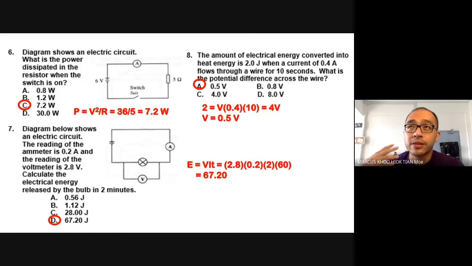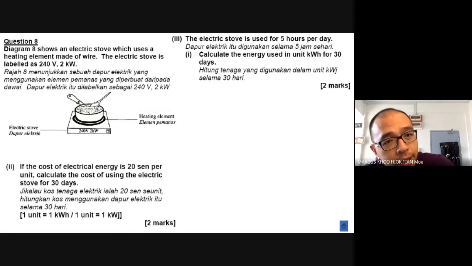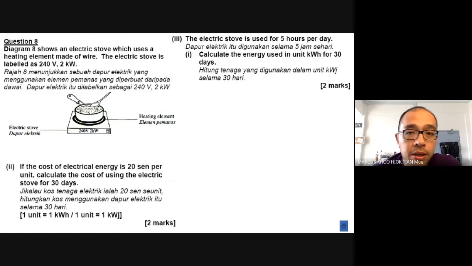I don't think something is wrong with my ear. Okay, let's go to question number 8. We're gonna start with who's after Isabella? Jacinta. Answer for 2, please. Why did they skip 1? Okay, fine. If the cost of electrical energy is 20 cents per unit, calculate the cost of electric stove for 30 days.